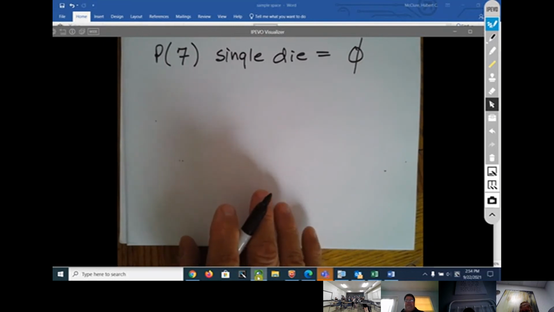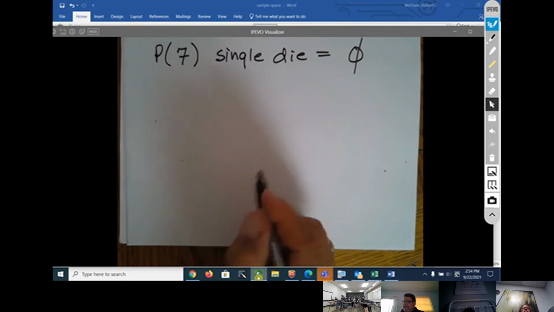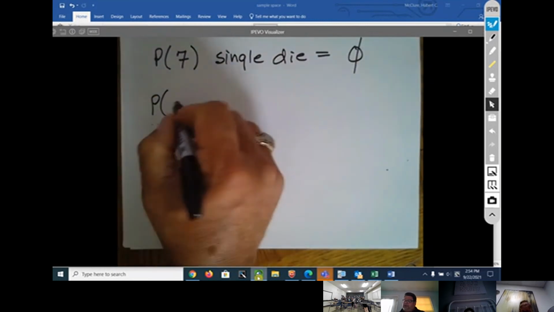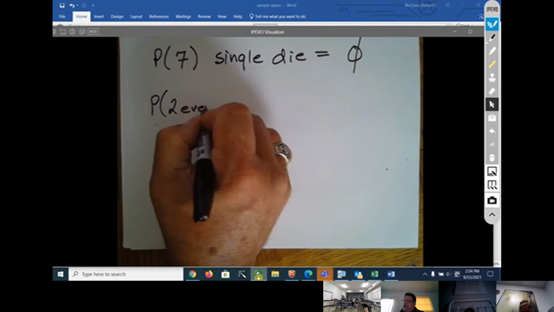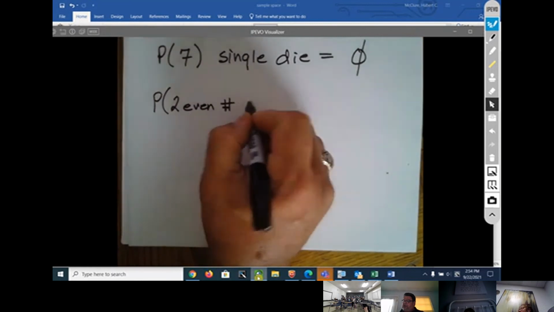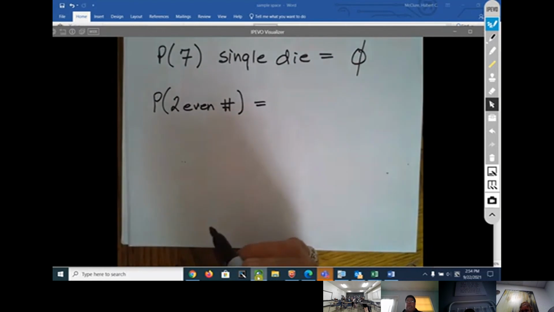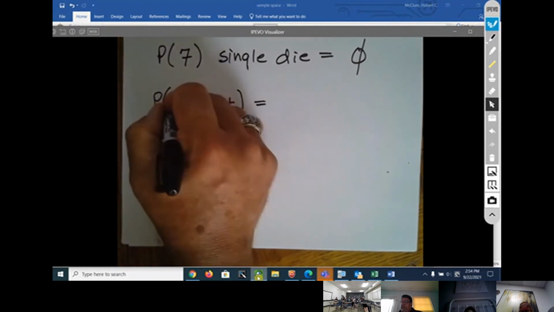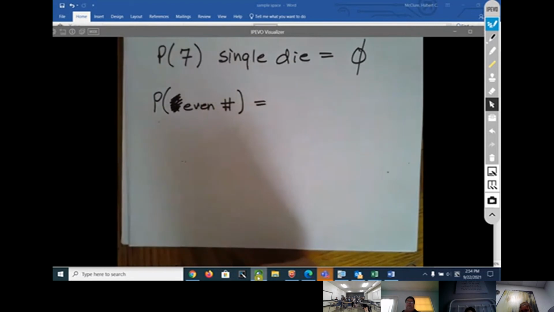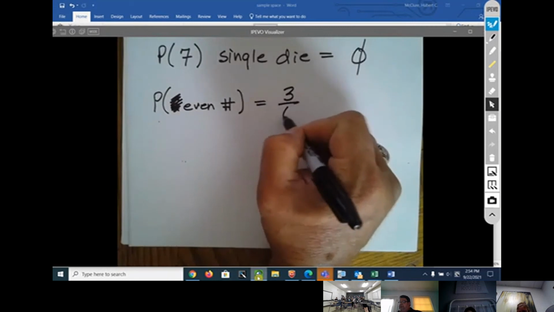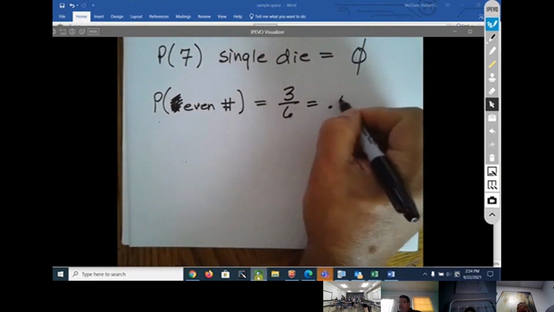So what is the probability of rolling an even number on a die? 50%. 3 out of 6, which is equal to 0.5.